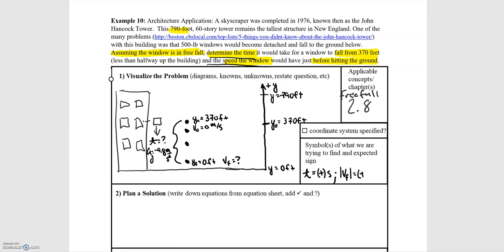And so we would expect that to be a positive value and in units of meters per second. Now just to highlight the point, the final velocity, it's moving downwards and the direction up is positive, so we expect to get a negative velocity. But since the question is asking for speed, when you take the magnitude, you're only going to get positive values.